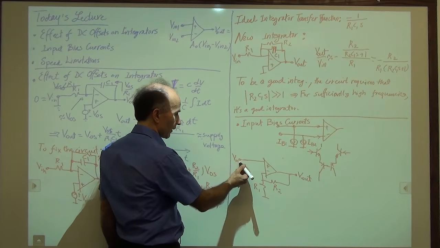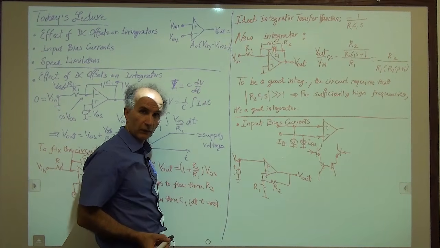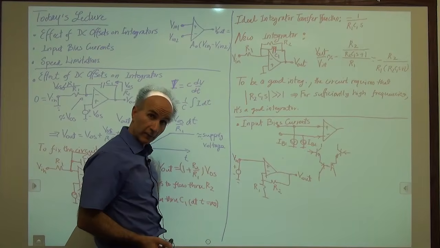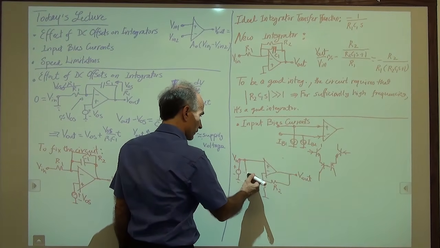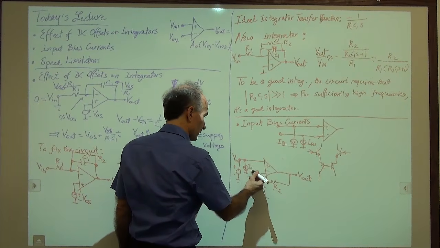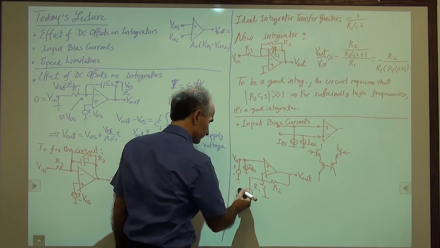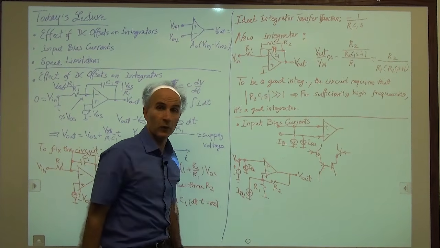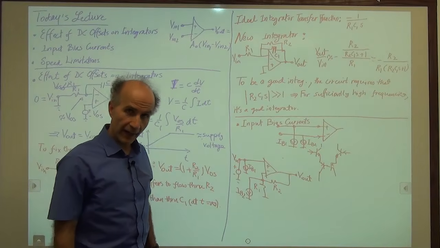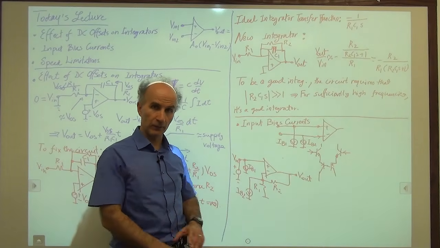And let's say Vin is an ideal voltage source for now. So that's an ideal voltage source coming to the non-inverting input. And now we have to add these two currents. So we add a current source here, IB1, and another current source here, IB2. And we are wondering what kind of error we will get at this output as a result of IB1 and IB2.